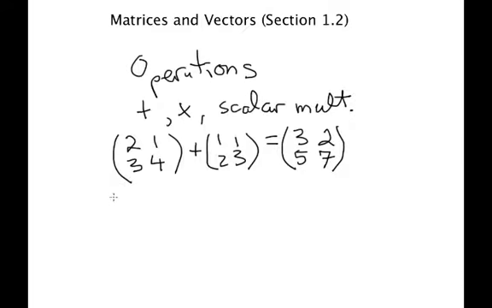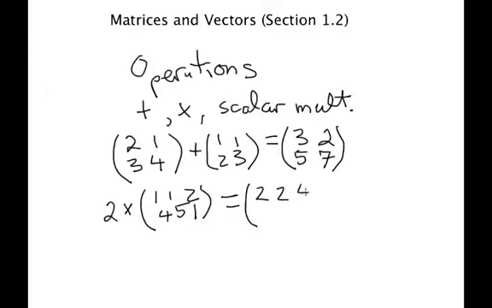And scalar multiplication is very easy. A scalar is just a number, and the way you multiply a number by a matrix is you just multiply it into each coordinate. 2 times 1 is 2, 4, 8, 10, 2.